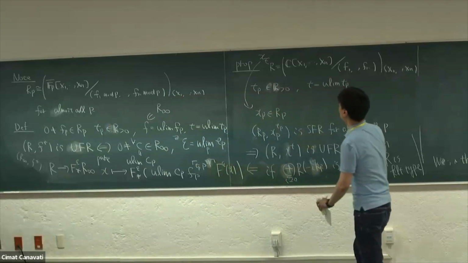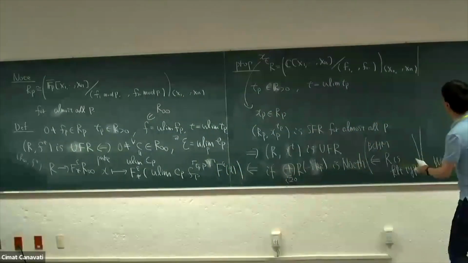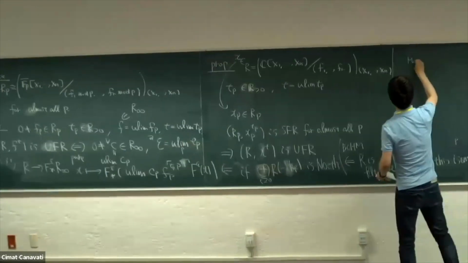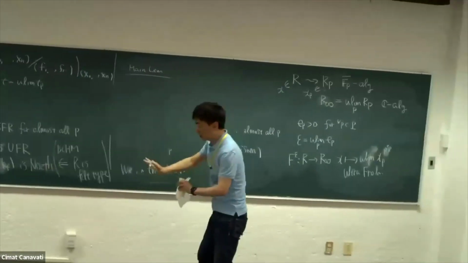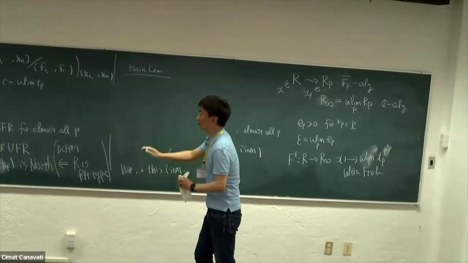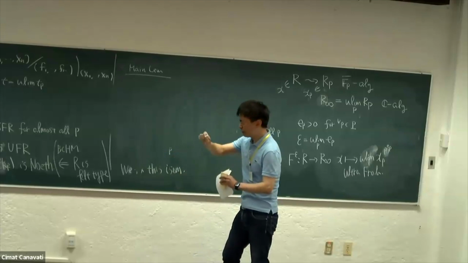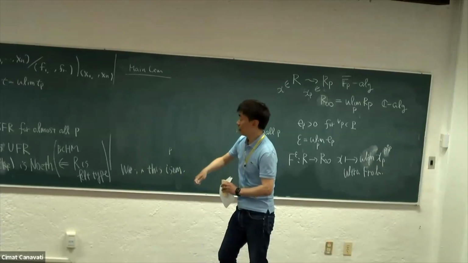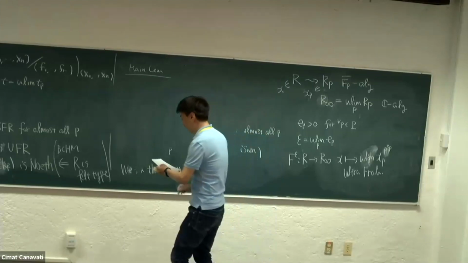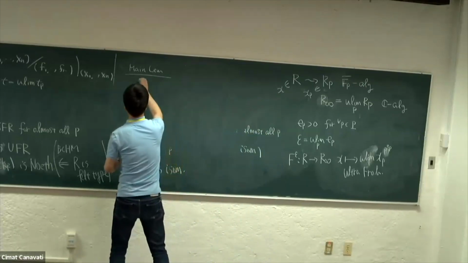Using this, we have the following main lemma. I already erased the definition of the F alpha invariant, but it involves the F-pure threshold, so the following is important.